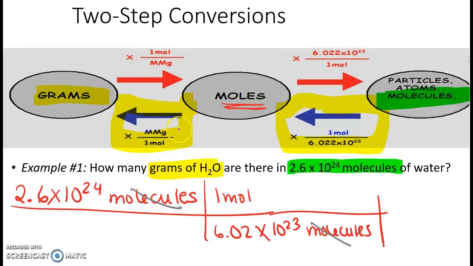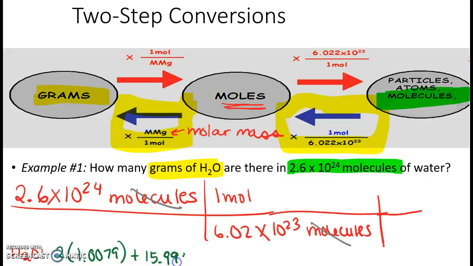And now we'll need to use the molar mass in grams divided by 1 mole. So the molar mass of H2O, or water, we're taking 2 hydrogen atoms, so 1.0079, plus 1 oxygen, 15.999, and our molar mass is 18.0148 grams per mole.